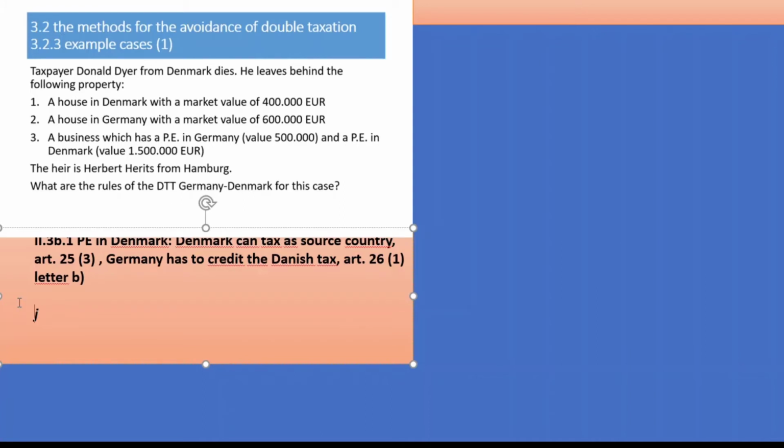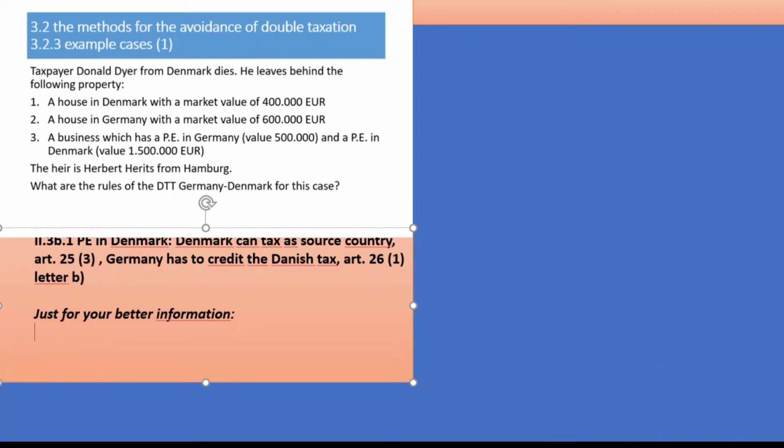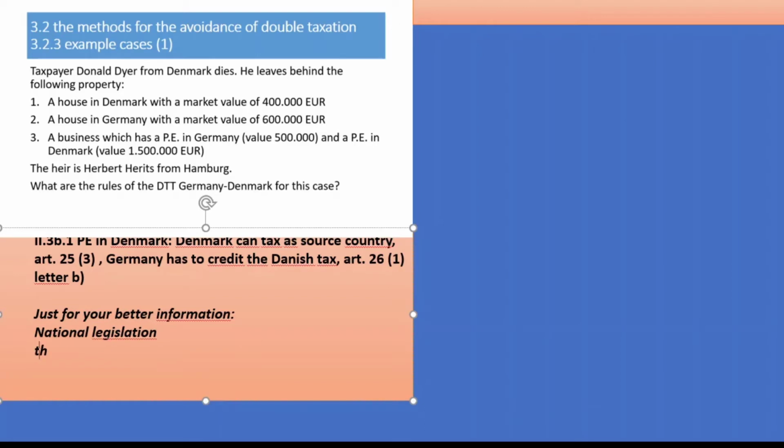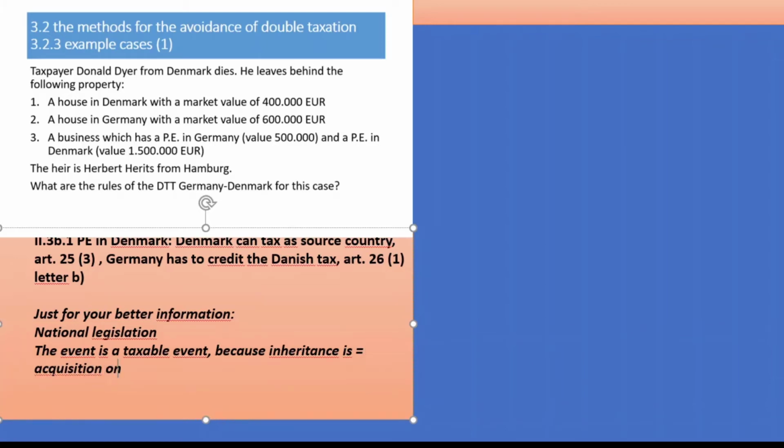So just for your better information, not demanded by the case, because the question is simply what are the rules of the double taxation treaty Germany-Denmark for this case, and national legislation. Here we would say the event is a taxable event because inheritance is acquisition on grounds of death.